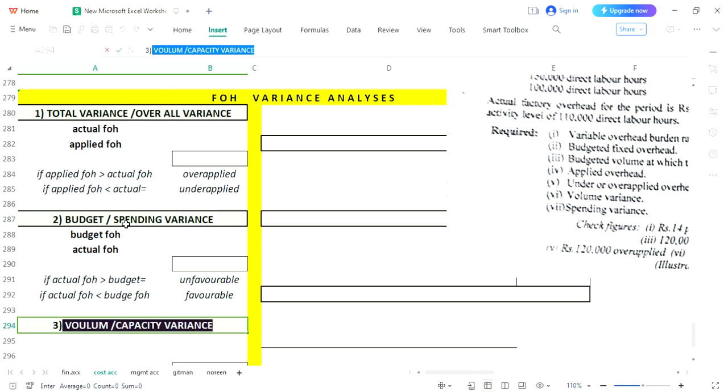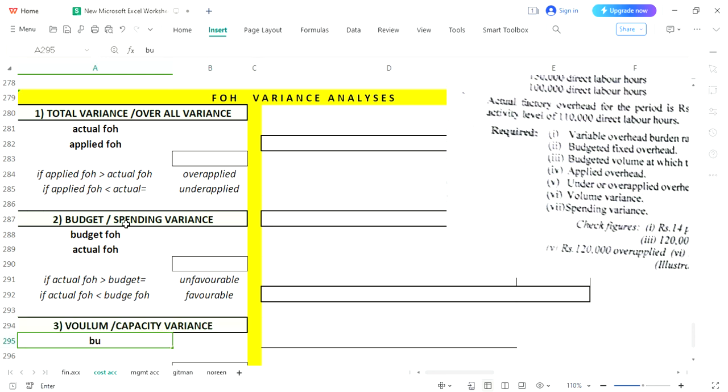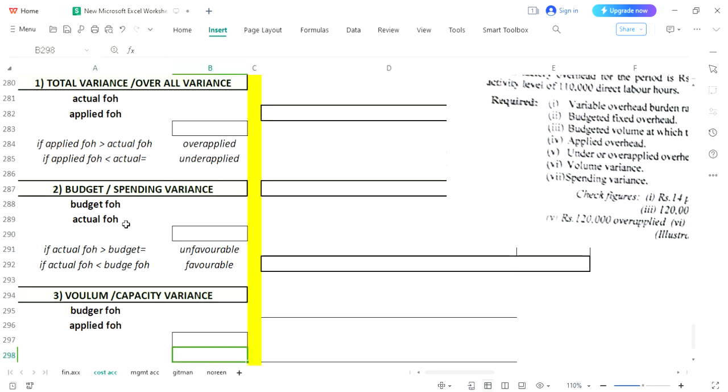Third, volume variance, which would be calculated between budget and applied FOH. So you will write budget FOH at first line and applied FOH beside that. Further, you will calculate the variance by taking the difference between budget and applied FOH. And finally, you will conclude by focusing upon budget. If your budget FOH is more than applied FOH, then it would go unfavorable for you.